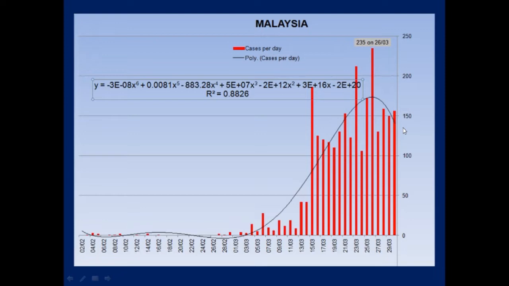What that means is that this polynomial is trying to accommodate all these figures, all these numbers, but it may not be signaling the reduction of the cases. It's just how the curve is trying to fit into the bar graph. So I wouldn't rely on this. I'll explain why a bit later on.